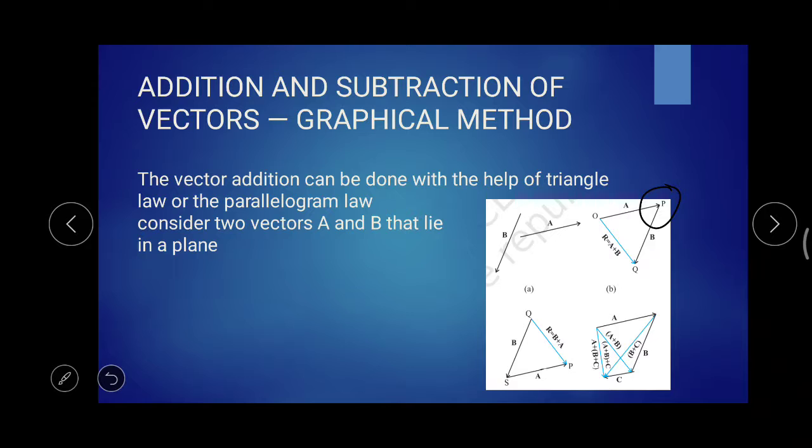It should not change. The position can be changed, there will be no problem, but the direction should always be the same. Here A and B have the same direction in both the figures.